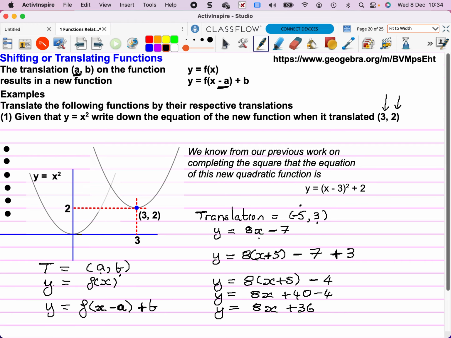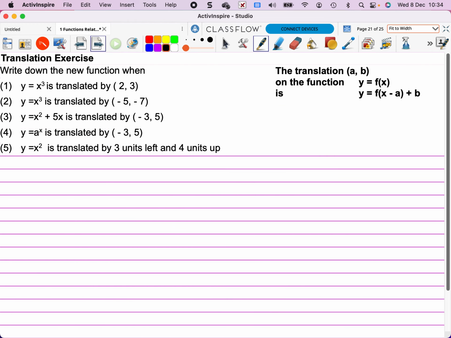Okay, we go over the page, and what we have here over the page is 5 questions. But just to get you going, I'm going to do question 1 for you. I'm going to leave the other 4 for you to complete for homework. So we've got the original function, which is y is equal to x cubed.